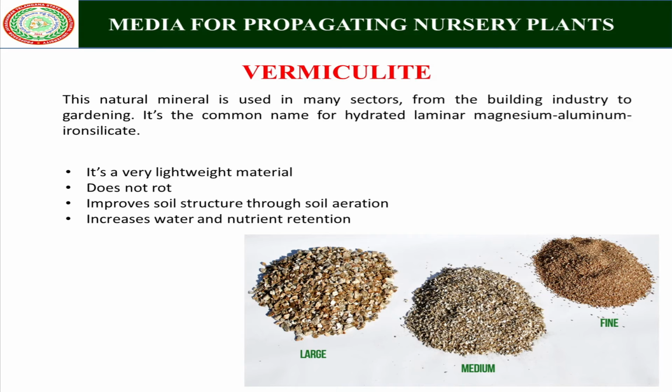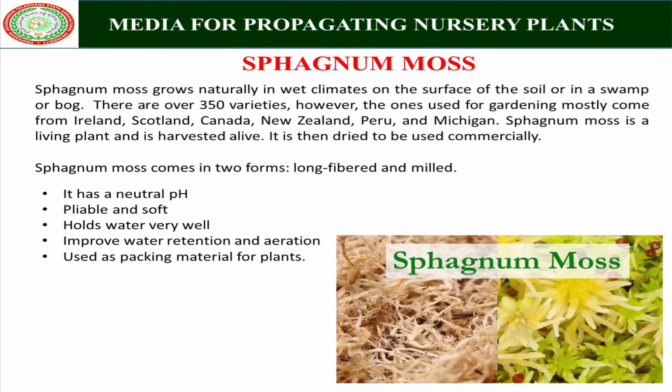So this vermiculite can also be incorporated in the plants when especially growing for vertical gardening, indoor gardening and hanging pots. Next is sphagnum moss. Sphagnum moss is nothing but the moss which is grown usually in wet, swampy areas, like it is mostly grown in Ireland, Scotland, New Zealand, Michigan. So this is sphagnum moss.